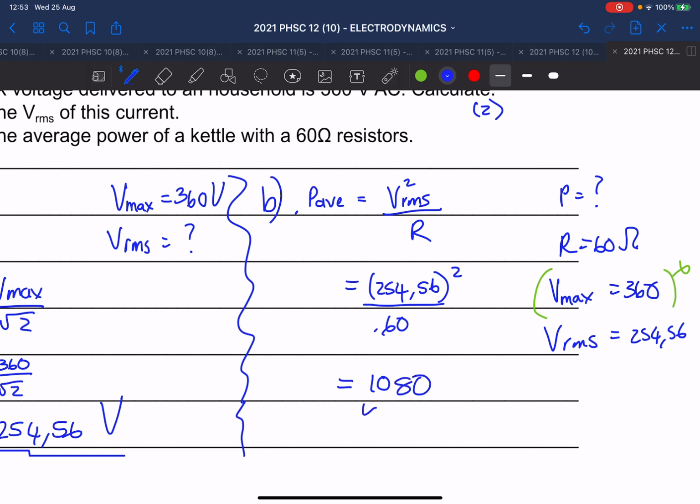And the unit? No, the unit? You're calculating power. What is power measured in? W is watts.